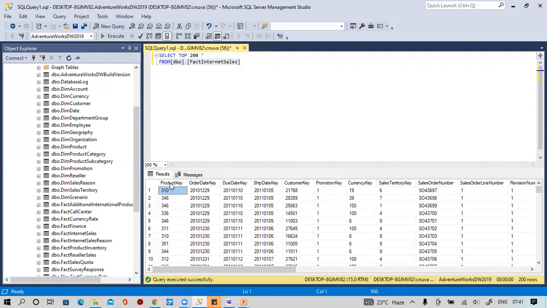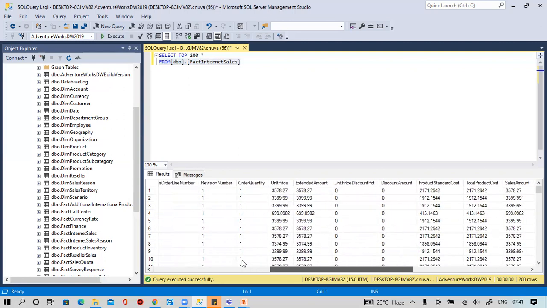Normally we call it a dimension table. For the order key, there will be another dimension which gives info about the dates. Currency key, and so on. If you see this table, you will see all the keys and their measure values.